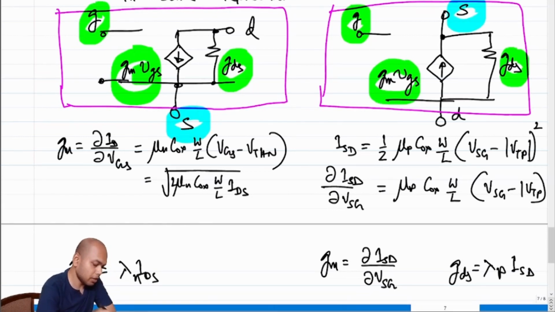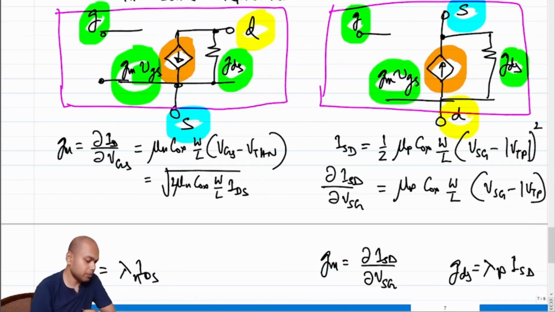In this case, the source terminal is at the top, and the drain terminal, which was at the top there, is at the bottom here. And the third thing that is slightly different is the fact that the direction of the current source is also flipped. Now, if you want to make these exactly identical, we can still do that, right? So what we can still do is take the incremental drain to source model and flip it, right?